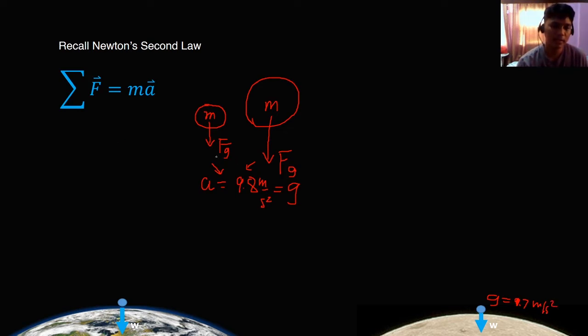Nevertheless, this gravitational force that is exerted on objects near the Earth's surface is known as the weight. And so the formula of Newton's second law reduces to weight is equal to m times g, where g is 9.8 on the Earth's surface and another value somewhere else.